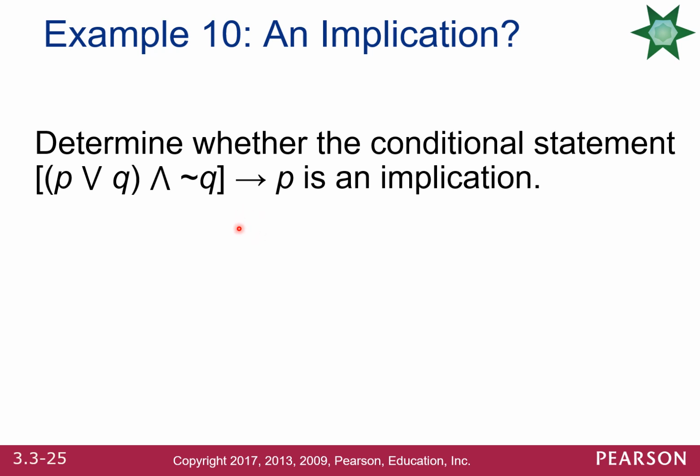So it will read as: if P or Q and not Q, then P. That is the statement. So let's create a truth table for it and see what this resolves to.